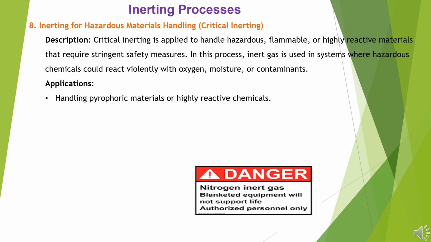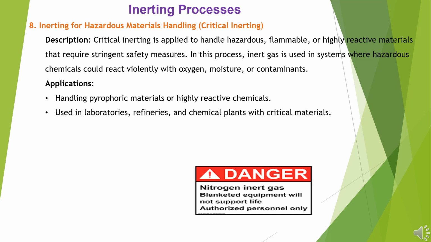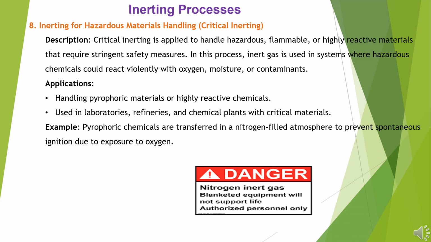Applications: handling pyrophoric materials or highly reactive chemicals. Used in laboratories, refineries, and chemical plants with critical materials. Example: pyrophoric chemicals are transferred in a nitrogen-filled atmosphere to prevent spontaneous ignition due to exposure to oxygen.